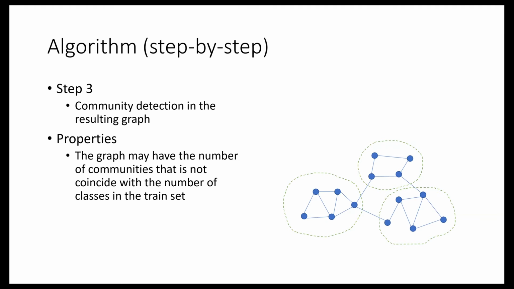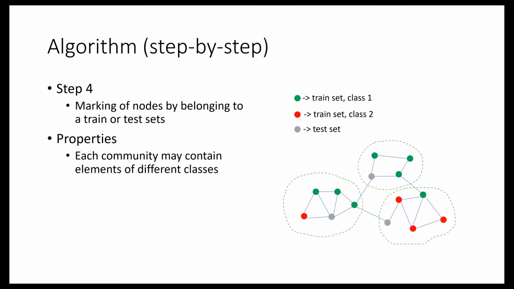So we may have a task of binary classification, just two classes, and we have, for instance, 12 or 20 communities. That happens because the elements form some subclasses inside the general classes.